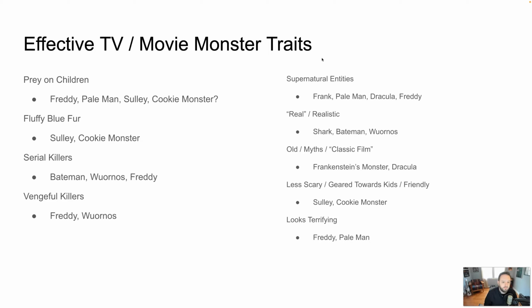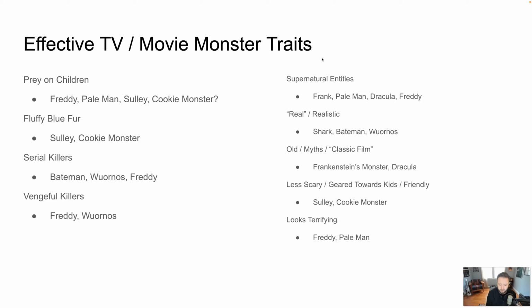We have the real or the realistic ones, like the shark from Jaws, Patrick Bateman, and Eileen Wuornos. We have these older classic film monsters like Frankenstein's monster or Dracula. We have the ones that are geared towards kids or that are friendly or less scary, like Sulley and the Cookie Monster, versus the ones that look terrifying, such as Freddy or the Pale Man.